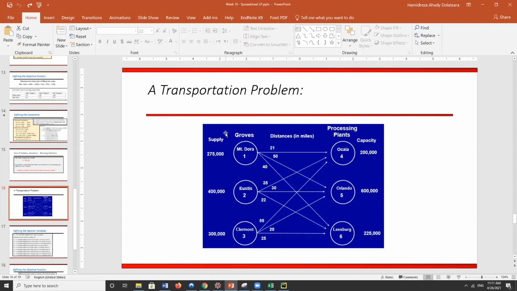We should decide how much cargo or how much load we want to send on each link. So basically for each link, we have a decision variable. It could be 0 even. But for each link, we have 1 decision variable. So what is the total number of decision variables?